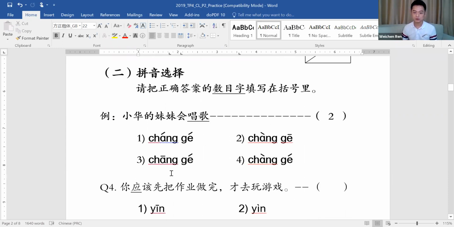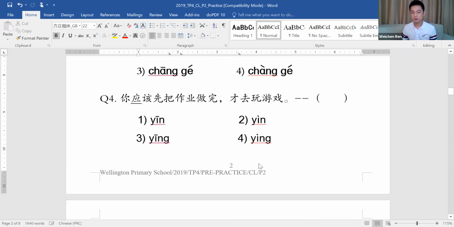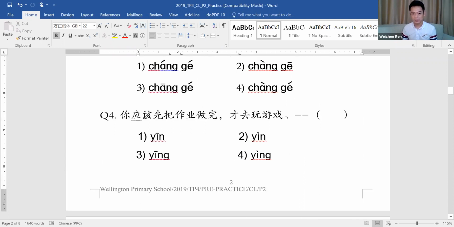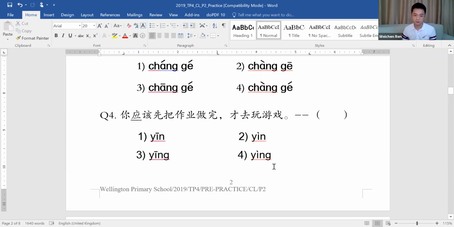Second part is to choose the correct Hanyu pinyin. If you still remember that in primary 1, you are only given one word and 2 options, which is quite easy. But in primary 2, you will be given a sentence with the word and 4 options, which can make the exercise even more challenging.